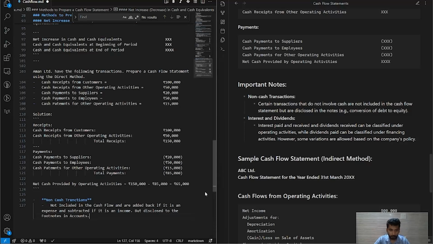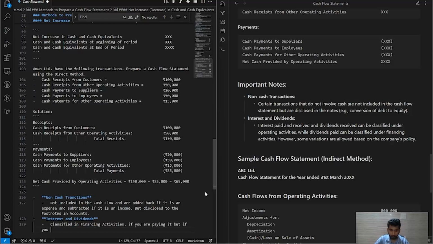Okay, and if we are talking about interest and dividends, they are classified in financing activities if you are paying them.